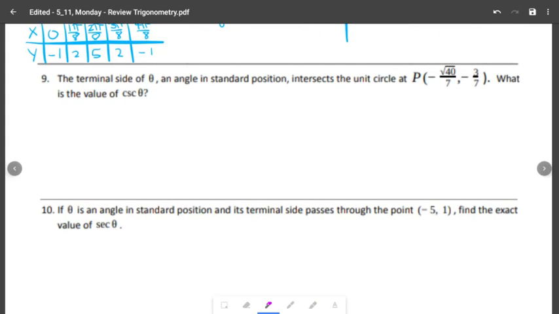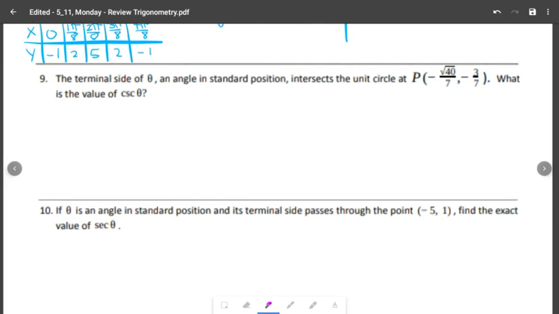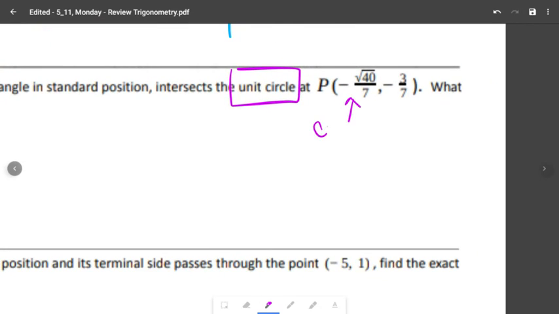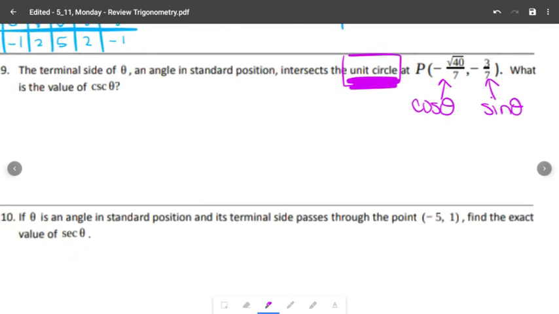Question 9. The terminal side of theta, an angle in standard position, intersects the unit circle at point P. What is the value of cosecant theta? Unit circle, remember that means that your x is cosine and your y is sine, and that's because they said this was a unit circle.